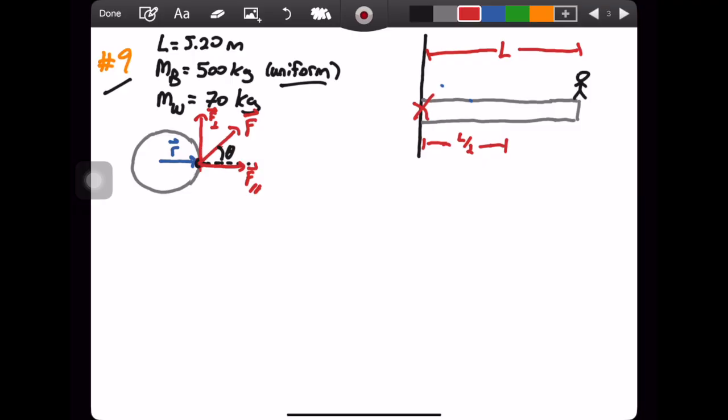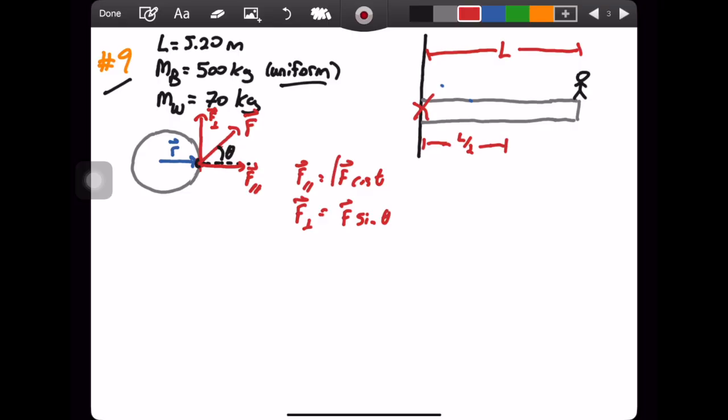So the parallel component of the force is F parallel equals F cosine theta, and F perpendicular is equal to F sine theta.